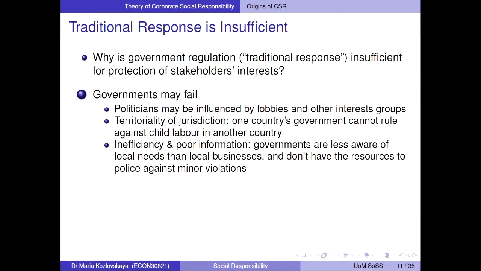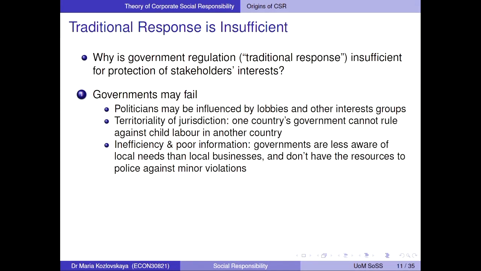Finally, and this is something libertarians quite like, governments are poorly informed, because collecting information and processing it are costly. Governments don't know about the specifics in each particular firm.